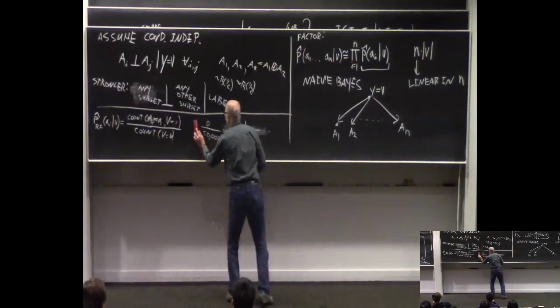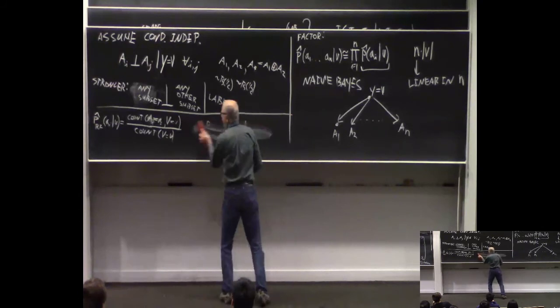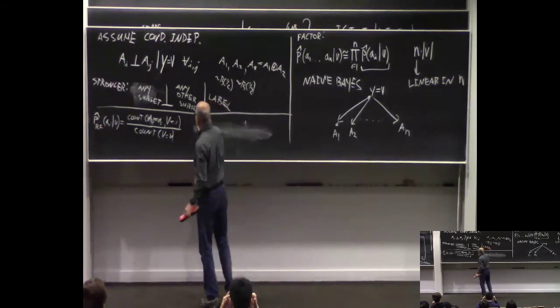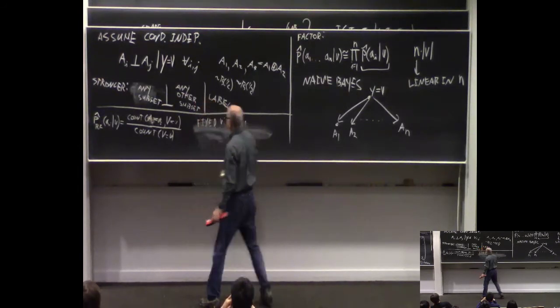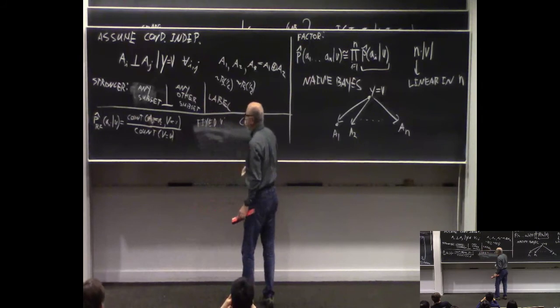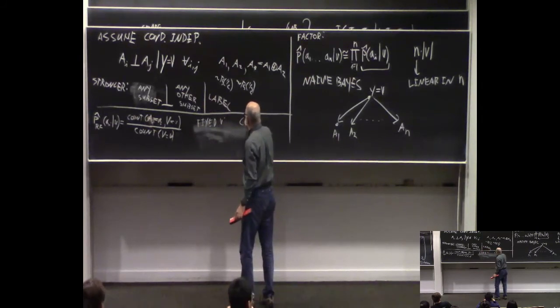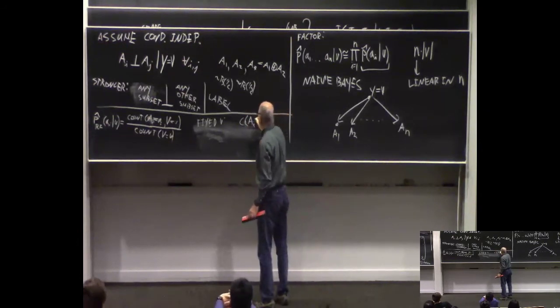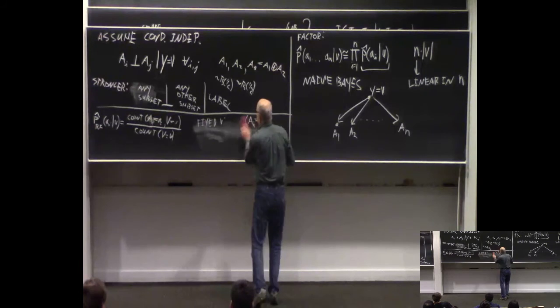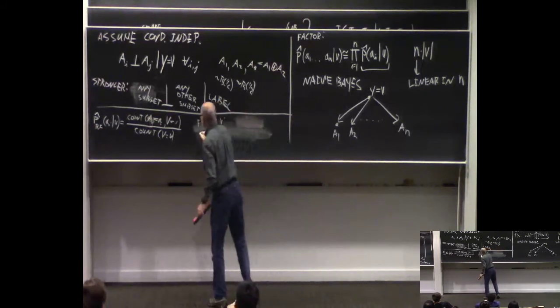So let's look at the specific case of a fixed value, for a fixed v. We have a count of a_i, and let's assume also binary features.